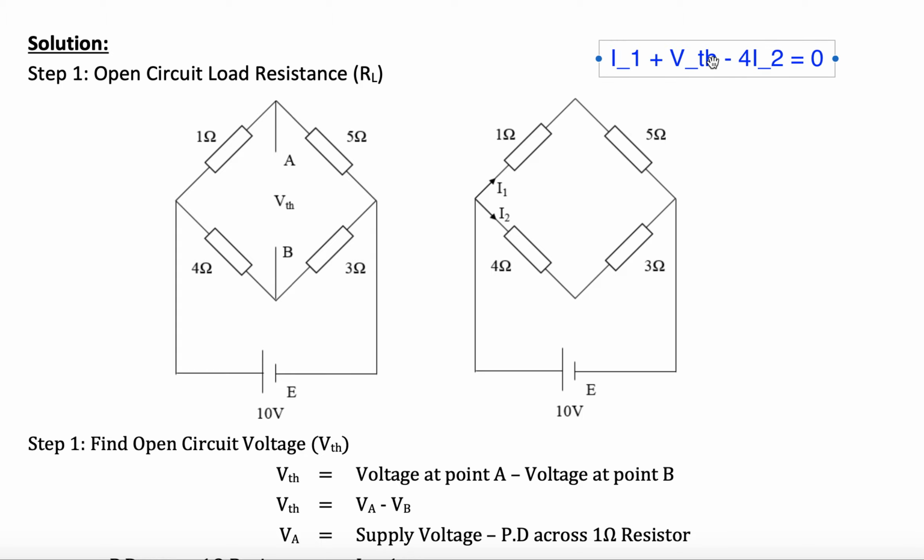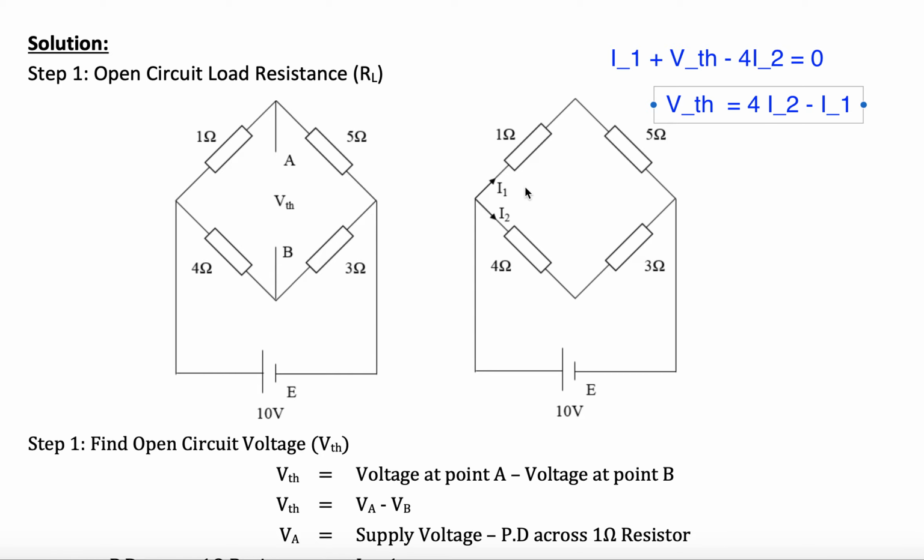Then what is VTH? Rearrange it. Send them to the other side: VTH is nothing but 4I2 minus I1.